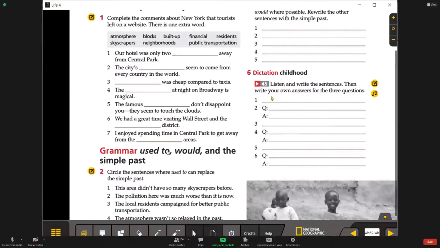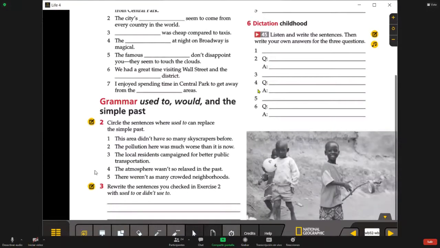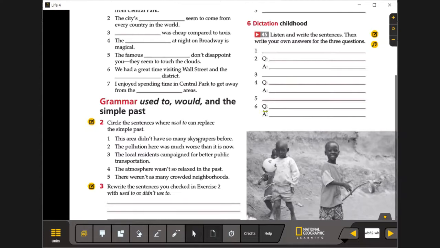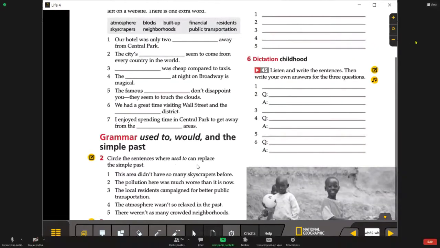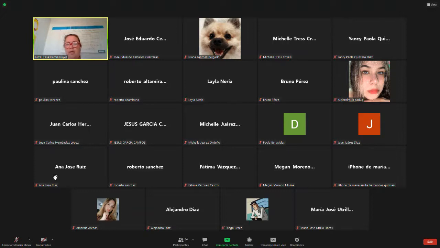Thank you. Okay. Well, so I was telling you, this used to and would is not that difficult because, okay, this is the best way we can probably distinguish. So probably here, what we need to do is to practice an exercise here.